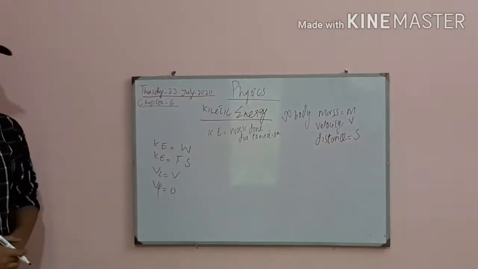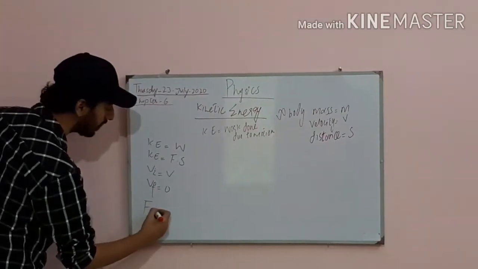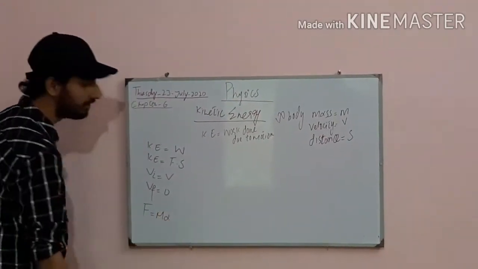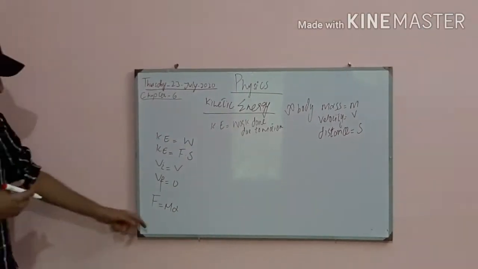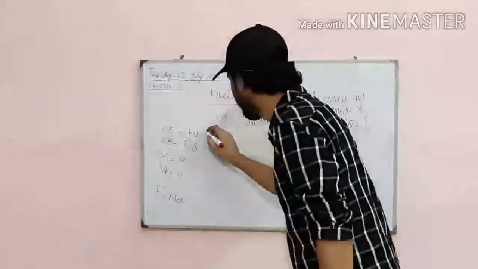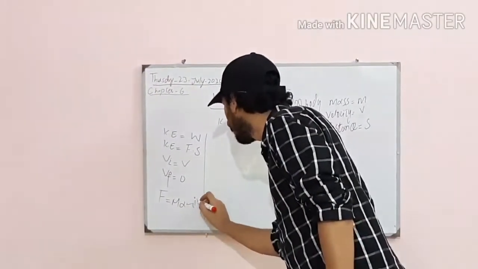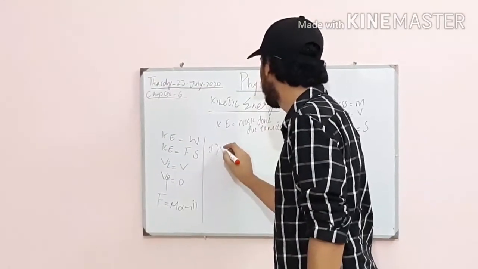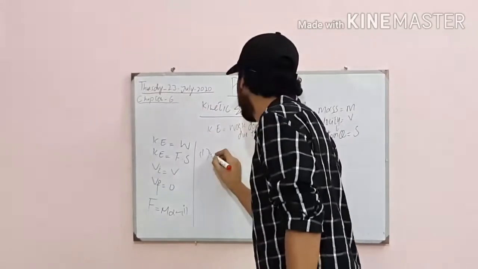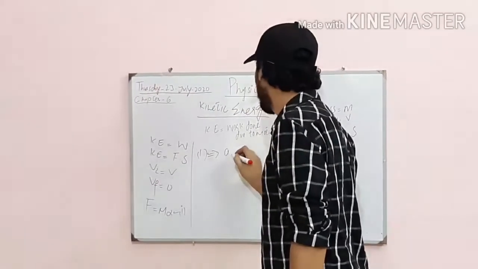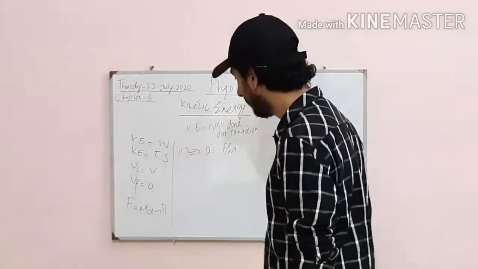Now we know that Newton's second law of motion says F is equal to ma. So equation number 1 can be written as a is equal to F by m.